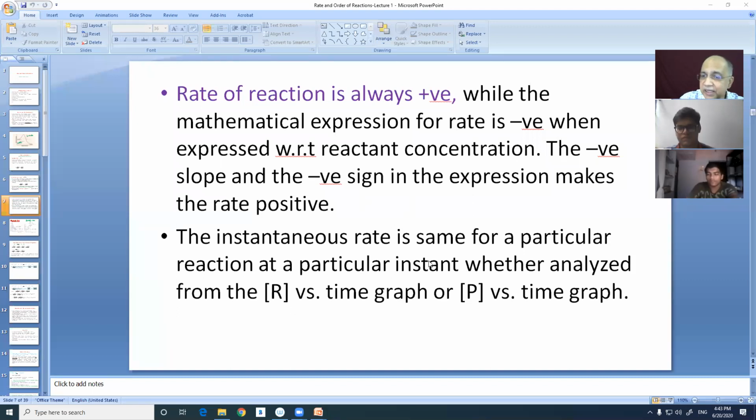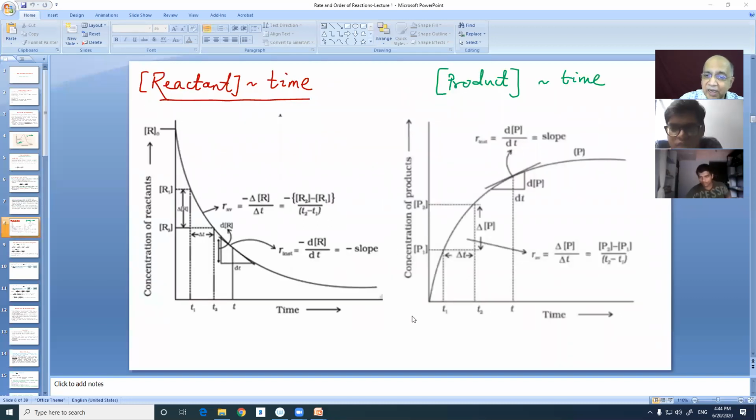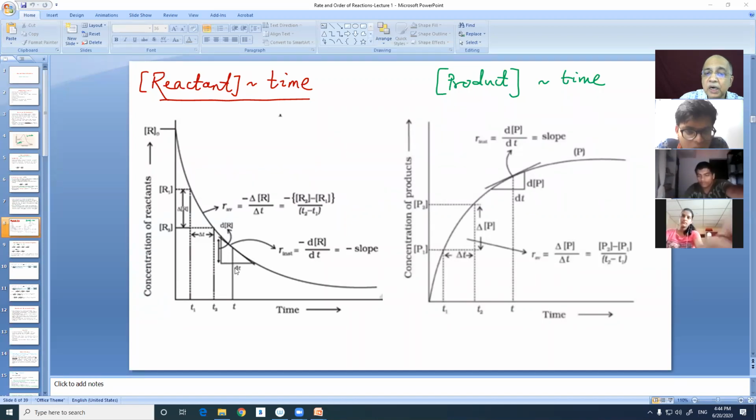The instantaneous rate is the same for a particular reaction at a particular instant, whether analyzed from the reactant versus time graph or the product versus time graph. The slope's numerical value is the same. And the same graph that we had done while I was doing here. If you are interested in a time interval, then that will give you what?